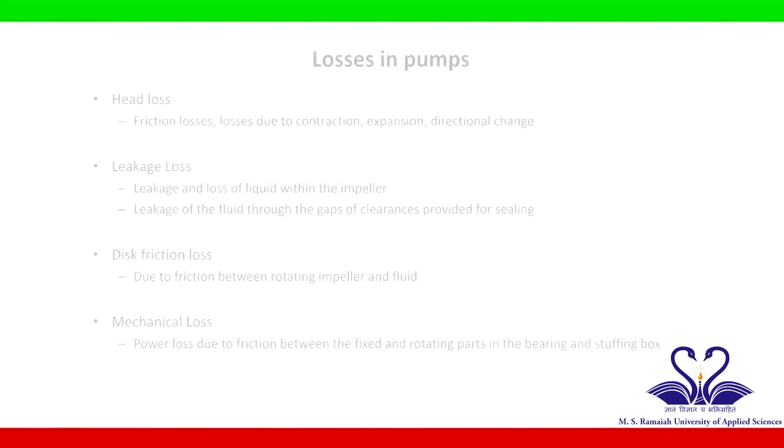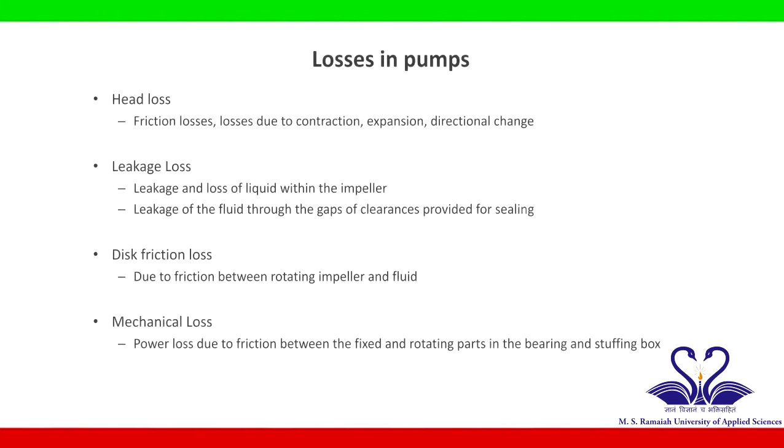The losses in the pump may arise due to the following factors. Head loss of the fluid may occur due to the friction between pipeline and fluid, and also losses due to contraction, expansion, and directional change. Fluid leakage may occur within the impeller or through the gaps of clearances provided for sealing.